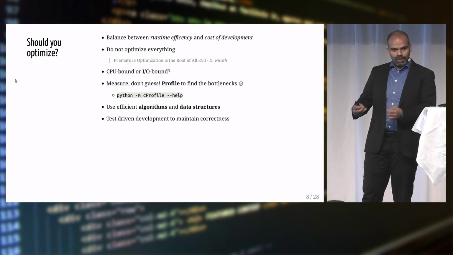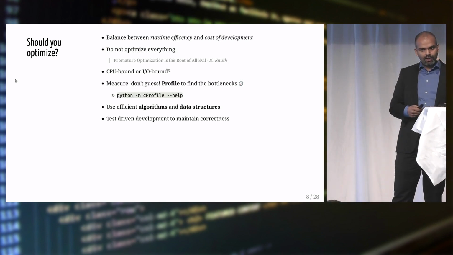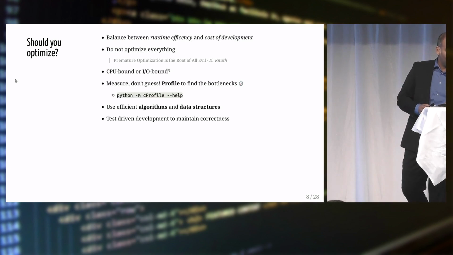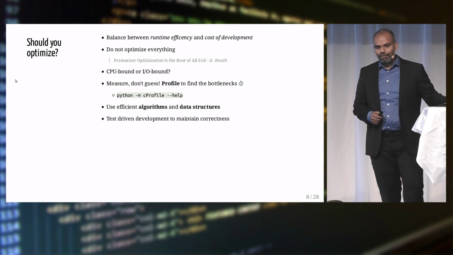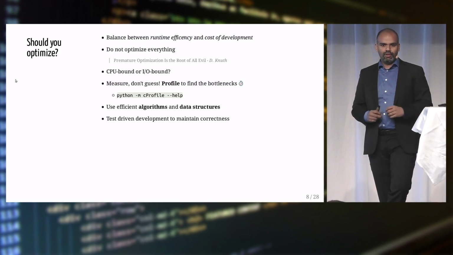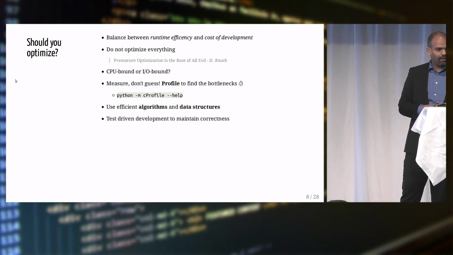It's very easy to maintain them for generations ahead, but it came at a cost of performance. But typically, you don't need to optimize everything. As Donald Knuth said, premature optimization is the root of all evil. And real-world problems don't need you to optimize the whole code, as our previous speaker was also saying.